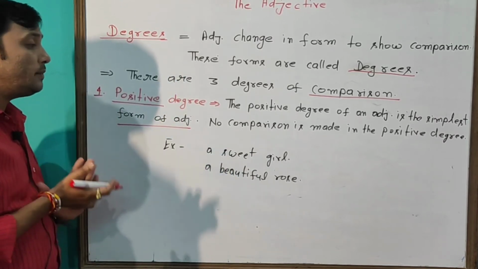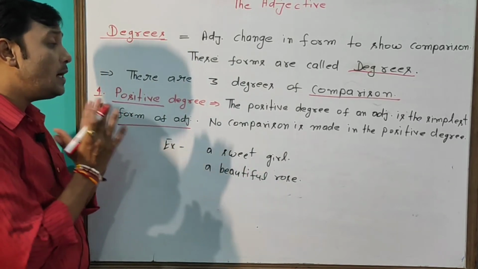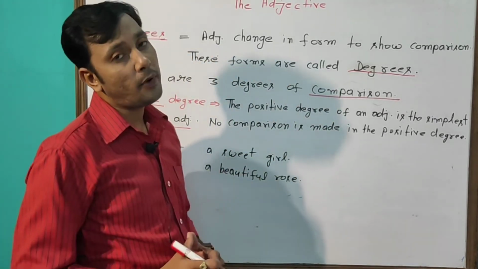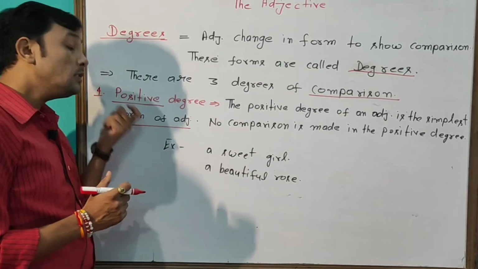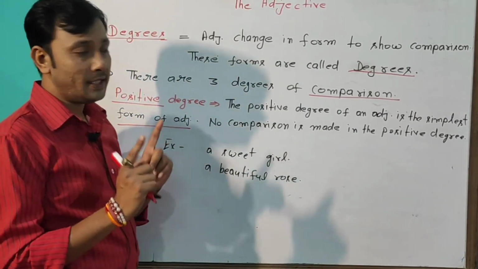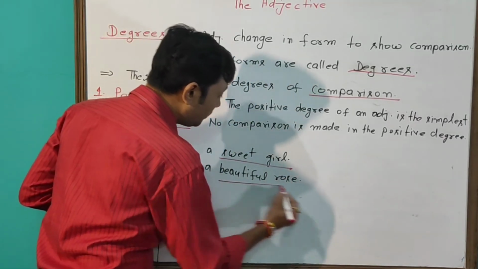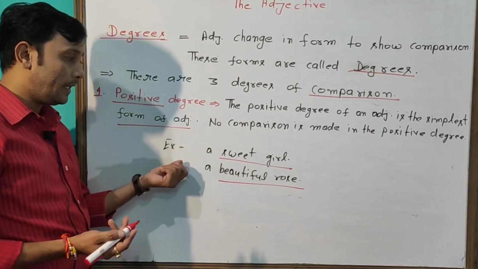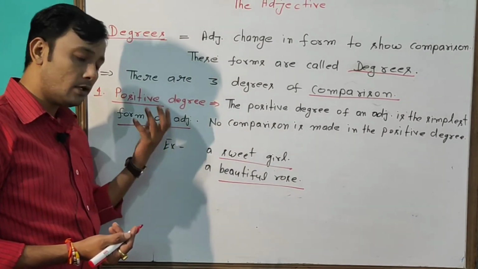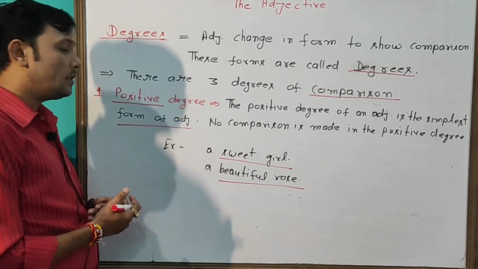The positive degree is the simplest form, and no comparison is made in it. For example, a sweet girl, a beautiful rose. They are telling about the noun or pronoun, qualifying it, but there is no comparison in the positive degree.